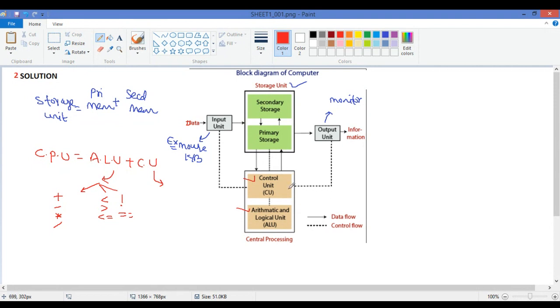The control unit is one chip and the arithmetic logic unit is the second chip. But a microprocessor is a single chip in which you have these two things embedded.